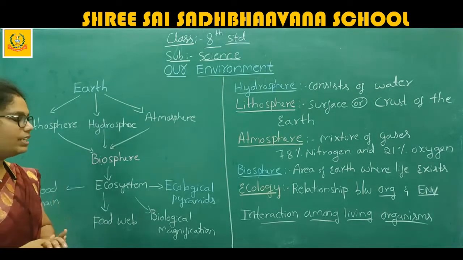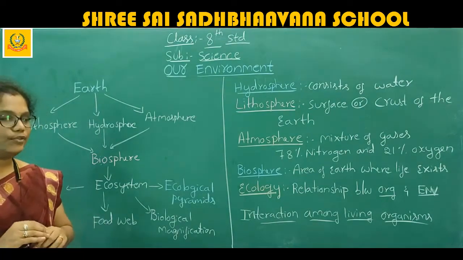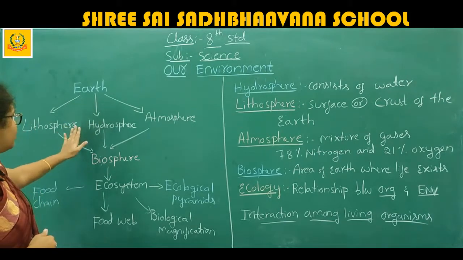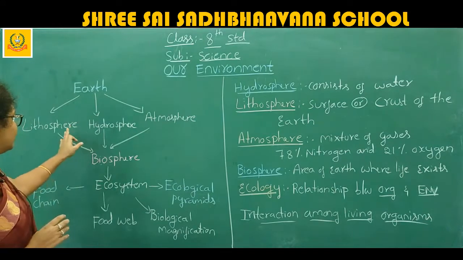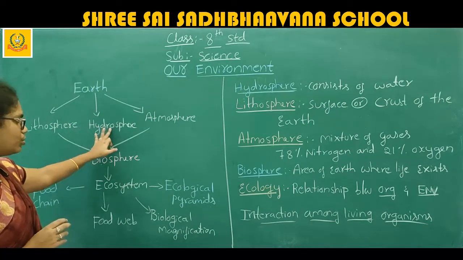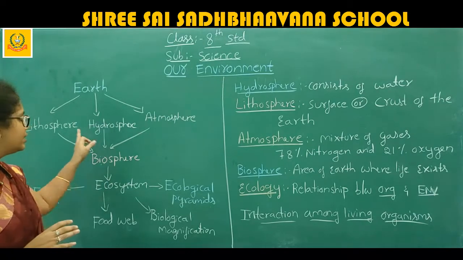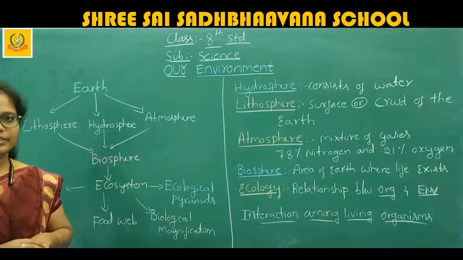One more time, I will say the classification of the environment. The environment of the earth is first divided into three types: lithosphere, hydrosphere, and atmosphere. These three combine with each other to form the biosphere.